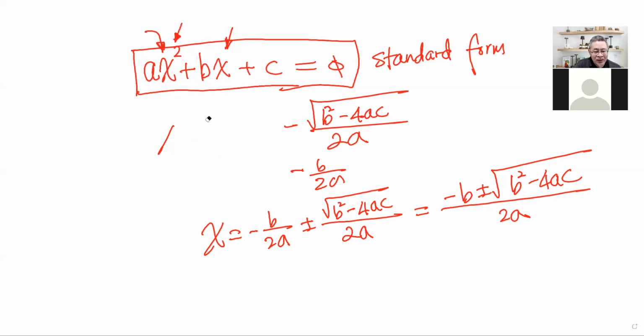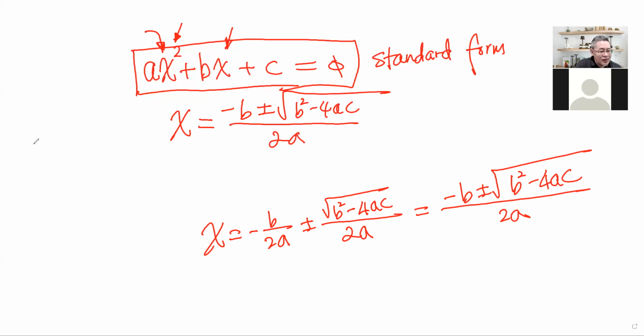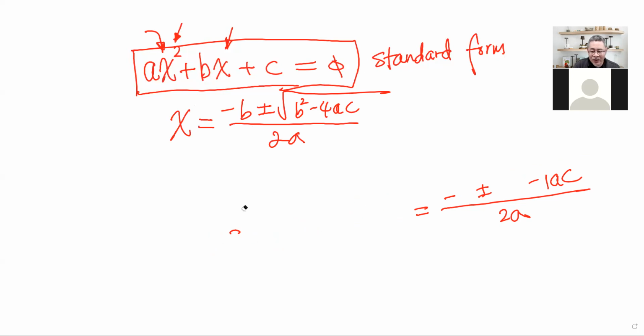So the formula, let me rewrite it, is x equal to minus b plus minus the square root of b squared minus 4ac over 2a. Okay, so now having that will help us to solve quadratic equations.